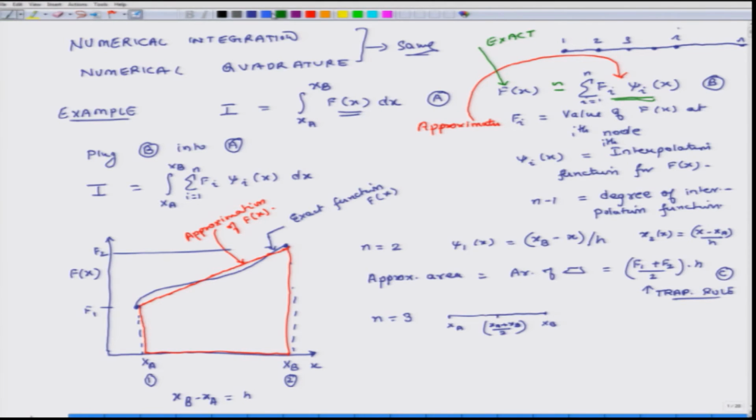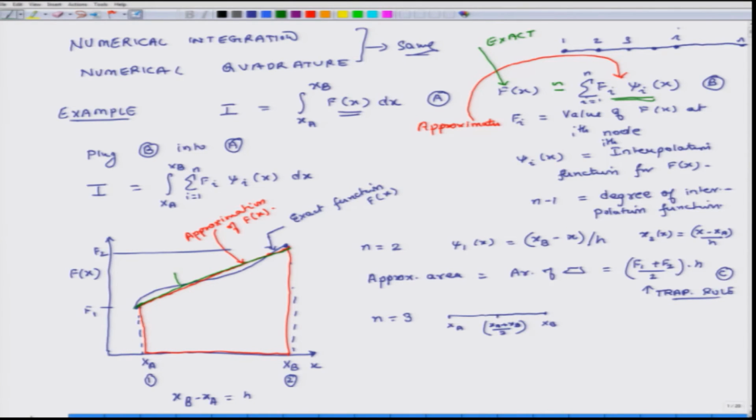If n is equal to 3, then it is a quadratic interpolation function. So, I am just going to plot some quadratic function.